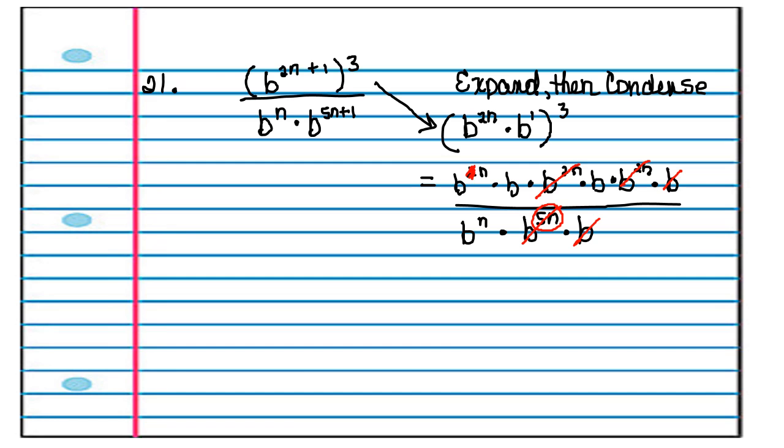Okay, so that's gone. And then we have a b^n over a b^n, so those are gone. And that leaves me with a b and a b, and that equals a b squared.